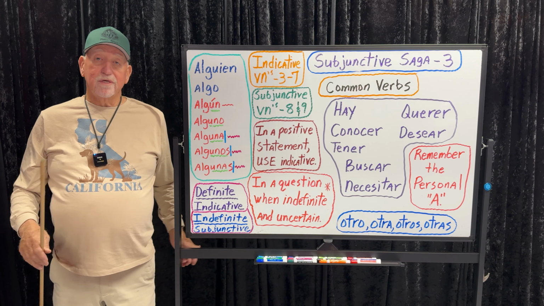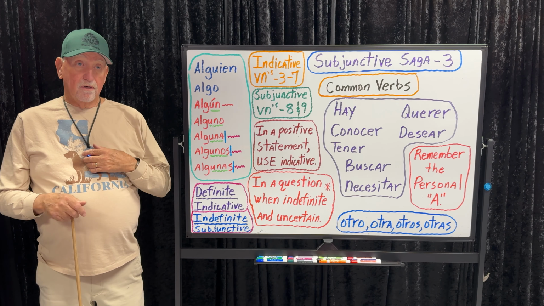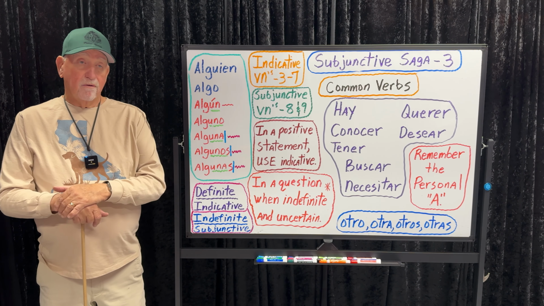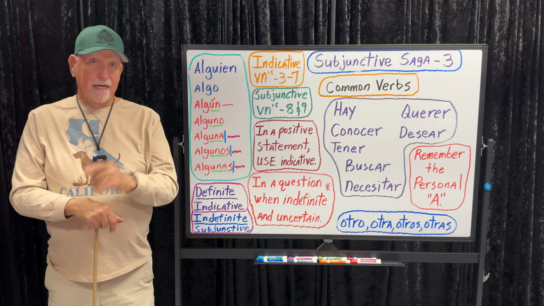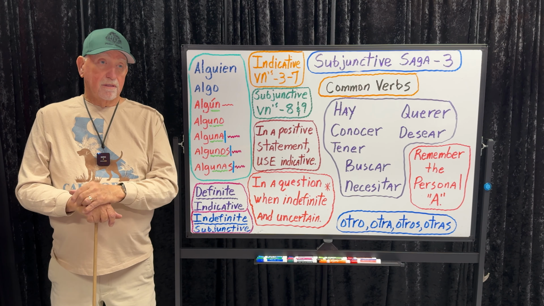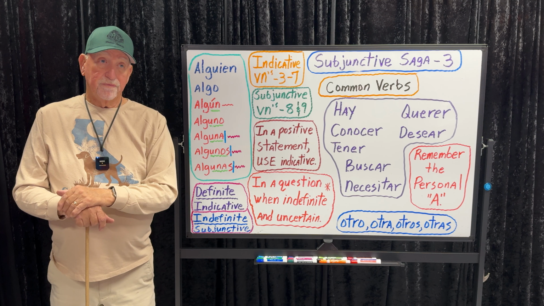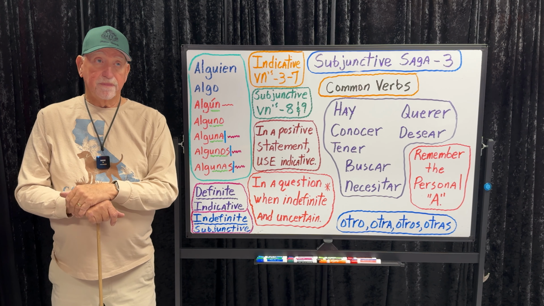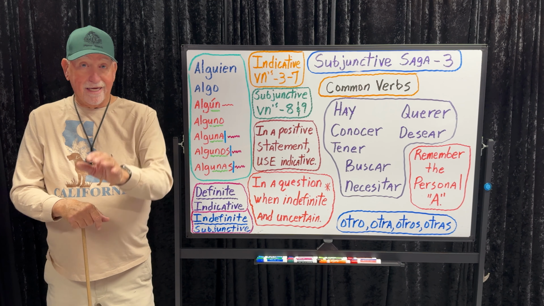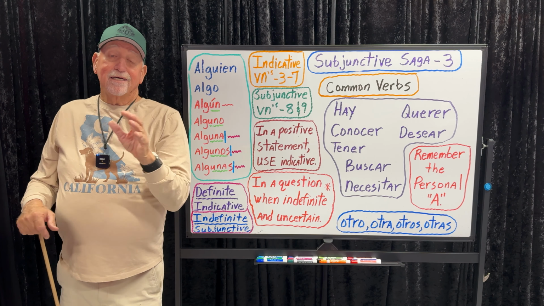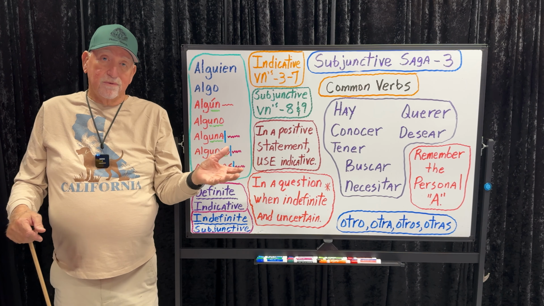Buscar. You go to a real estate broker or salesperson and you say, we're looking for a house that has a pool, that's in a nice neighborhood where there isn't a lot of crime. Okay, so you would say, buscamos una casa que. What are you going to do?